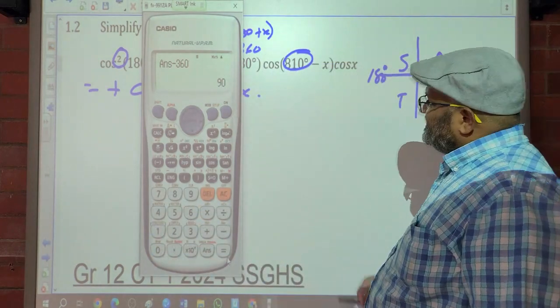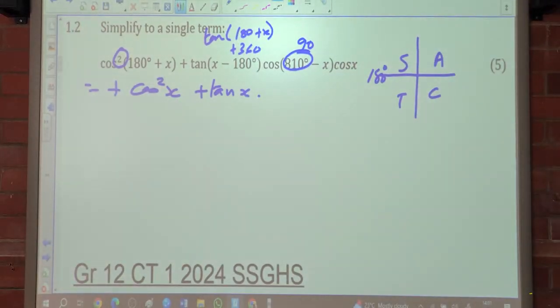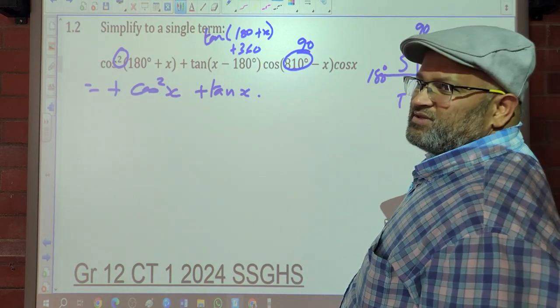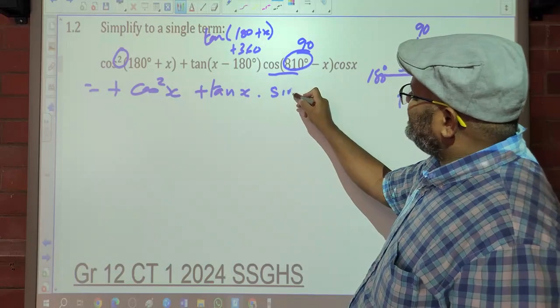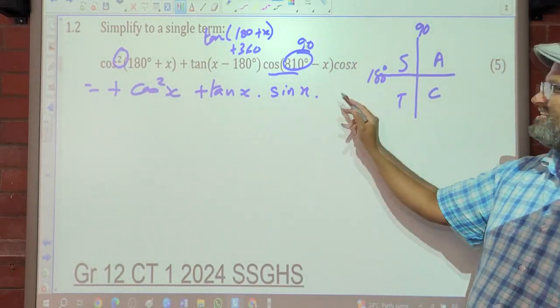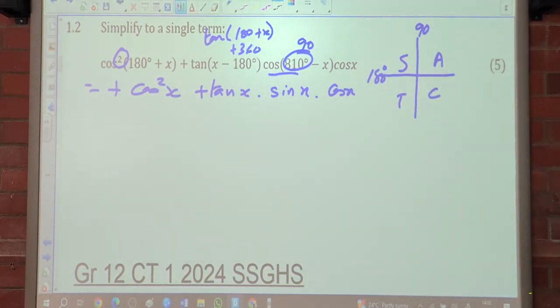So in other words, this reads 90 minus x. That 90 minus x takes you to quadrant 1. Is cos positive or negative in quadrant 1? Positive, but it changes to sine x. And that cos x, you don't check, you just write it down. Positive. You don't leave it out, because nothing is going to happen to cos.